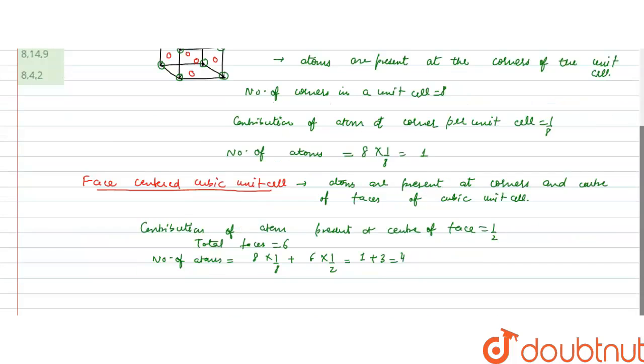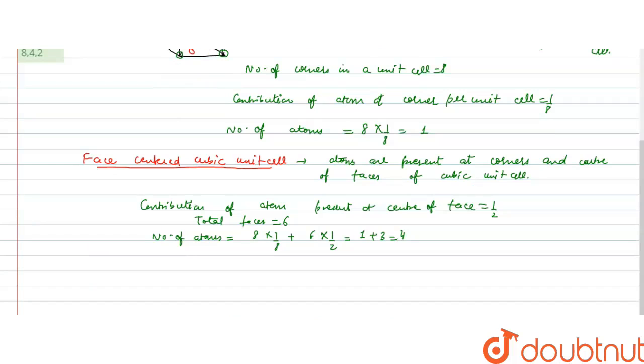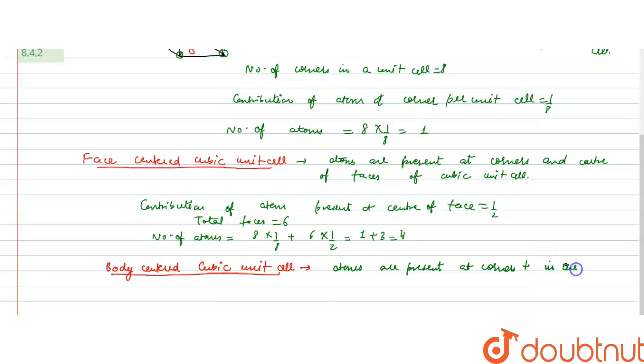So we can say in a body-centered cubic unit cell, atoms are present at the corners plus in the body center of the cubic unit cell.